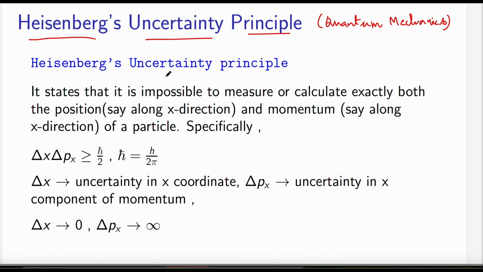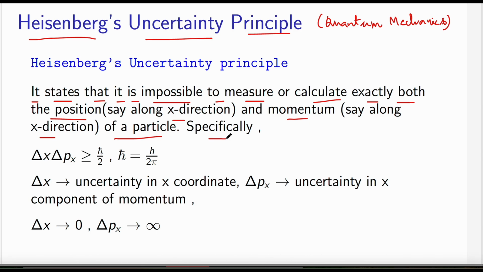So Heisenberg's uncertainty principle. What does it tell? It states that it is impossible to measure or calculate exactly both the position, say along the x direction, and the momentum, also along the x direction, of a particle.